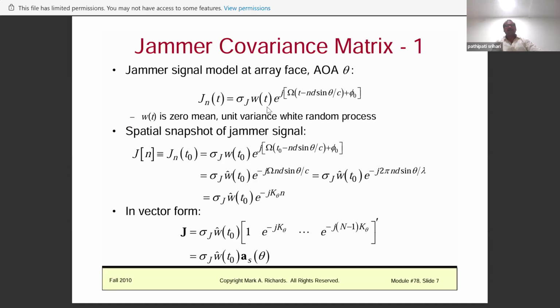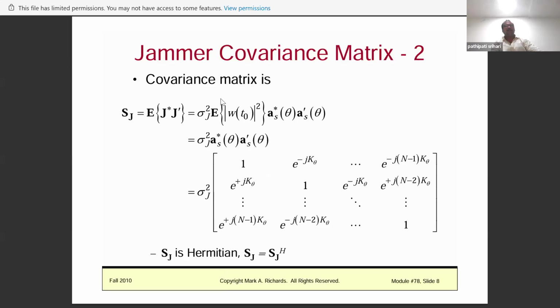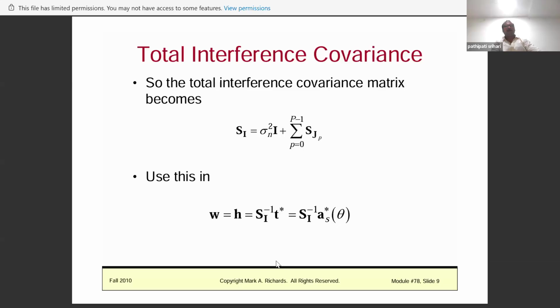The jammer steering vector you can write similar to the previous one, but the weight w(t) is a zero mean, unit variance random process, because you model it like that. The spatial snapshot looks like this, and then you take the steering vector, estimate the covariance matrix of the jammer, find the S Hermitian, and find the weight vectors associated with this jammer.